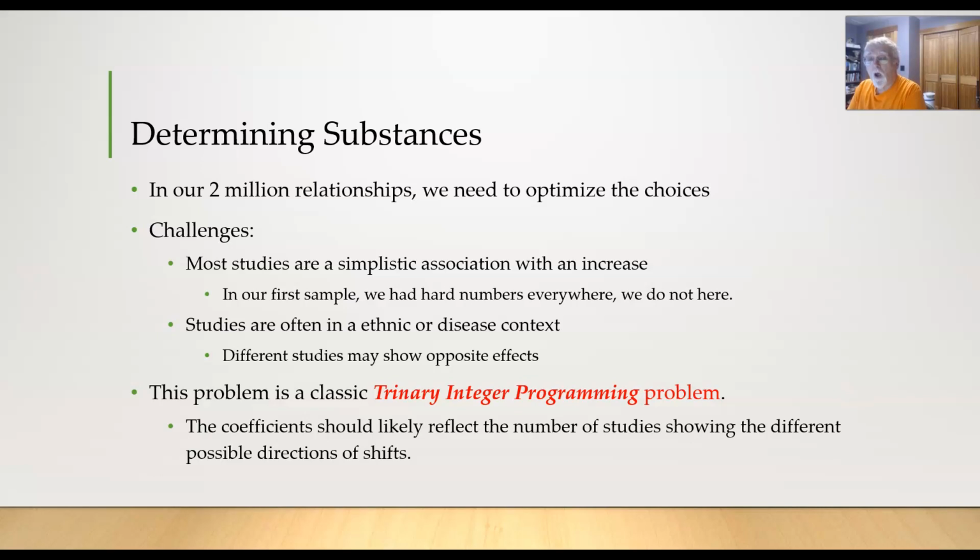Coefficients of our equations would probably reflect the number of studies showing the different possible directions of shifts, a priori, unless you have more information. So we end up having a math problem, and the math problem is very big.